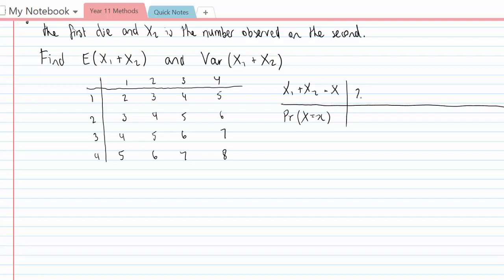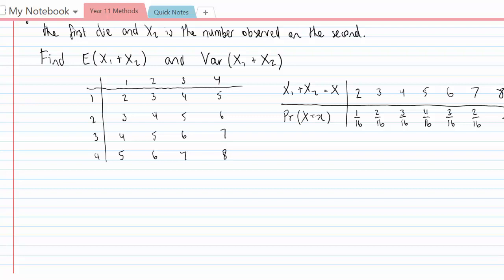So when I draw this, my options are 2, 3, 4, 5, 6, 7, and 8. And the probabilities is just going to be 1/16, 2/16, 3/16, 4/16, and then going back down again. Yep, so that all adds up to 1, so we're all good.